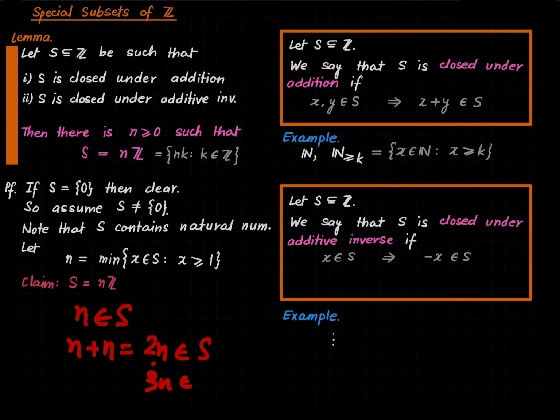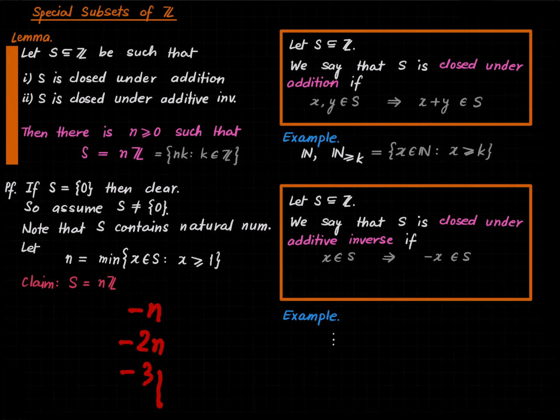So all positive multiples of n are in S. Similarly, since S is closed under additive inverses, minus n, minus 2n, minus 3n, all of these are in S. And since n and minus n are both in S, their sum 0 is also in S.